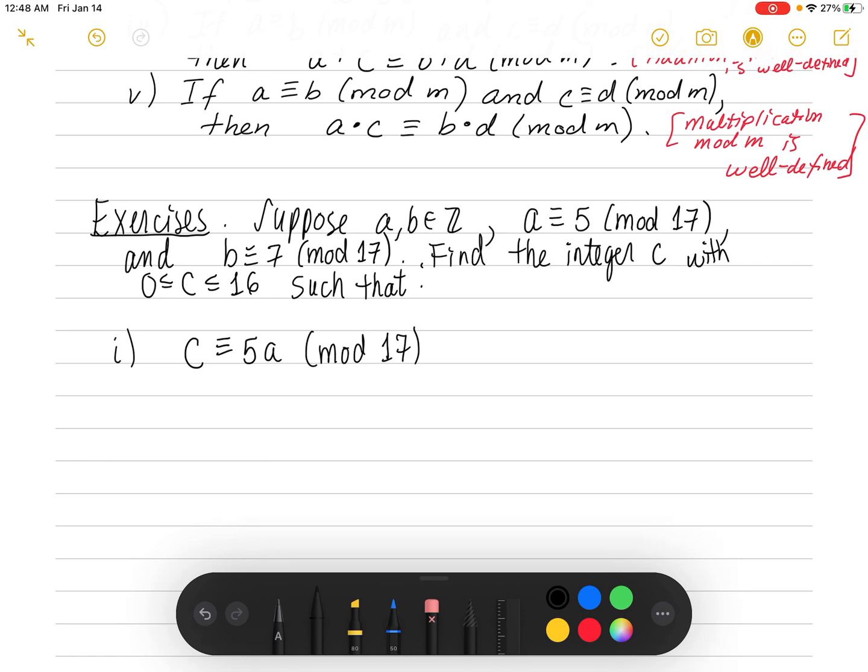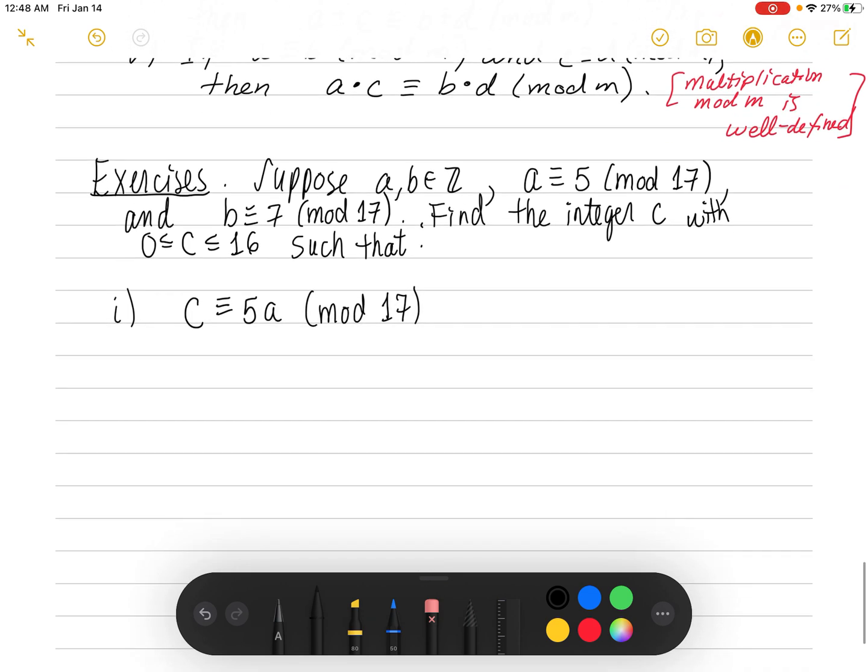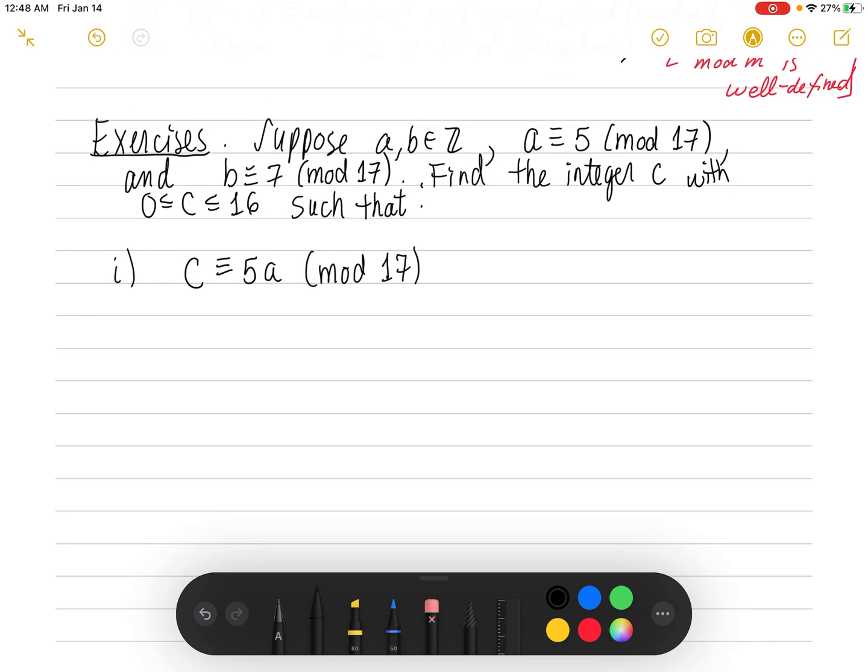Okay. Now, based on our properties of modular arithmetic, I can do basically a replacement. I can replace A. Even though A is not equal to 5, here, let me highlight my two special givens. I have A is congruent to 5 mod 17. I have B is congruent to 7 mod 17.